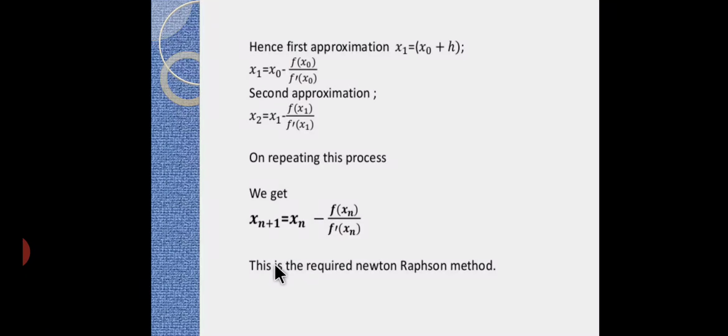This is the required Newton-Raphson method formula. So the formula is xn plus 1 is equal to xn minus f of xn by f dash of xn.